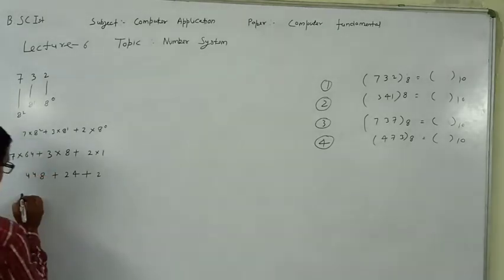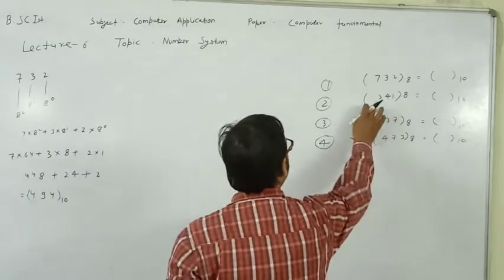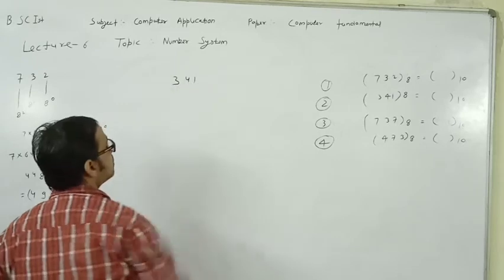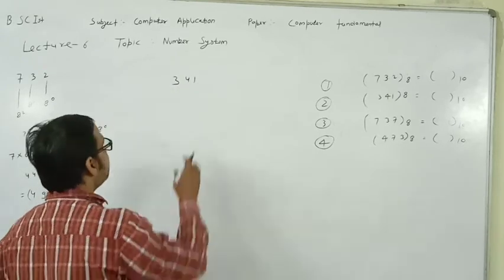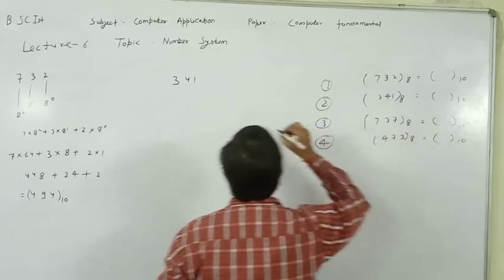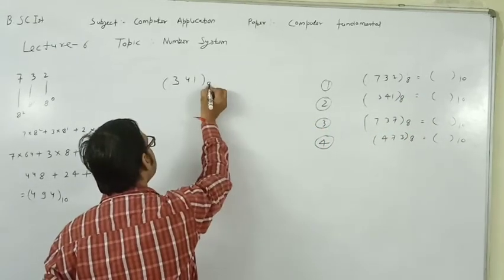So now sum these numbers. Number 2, 341 base 8 to decimal.